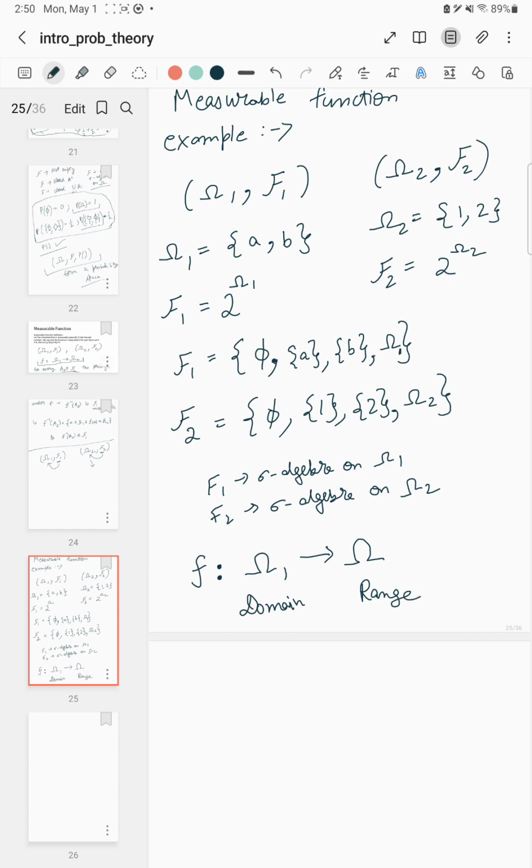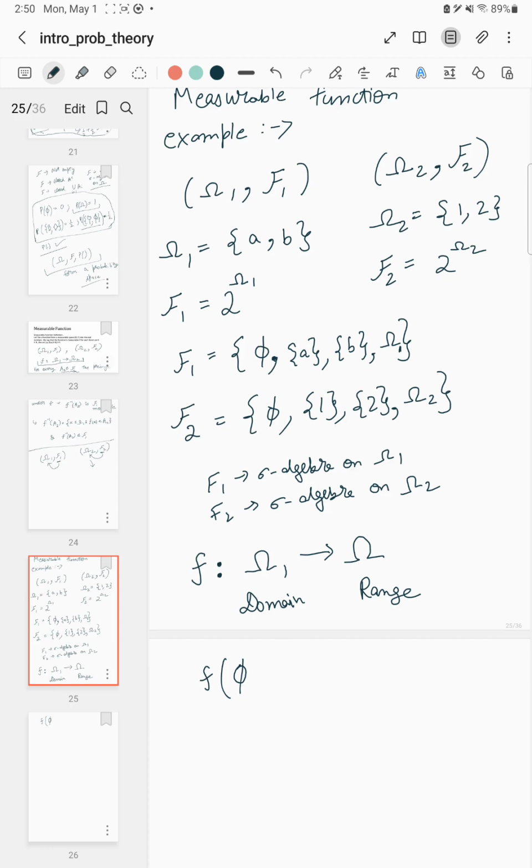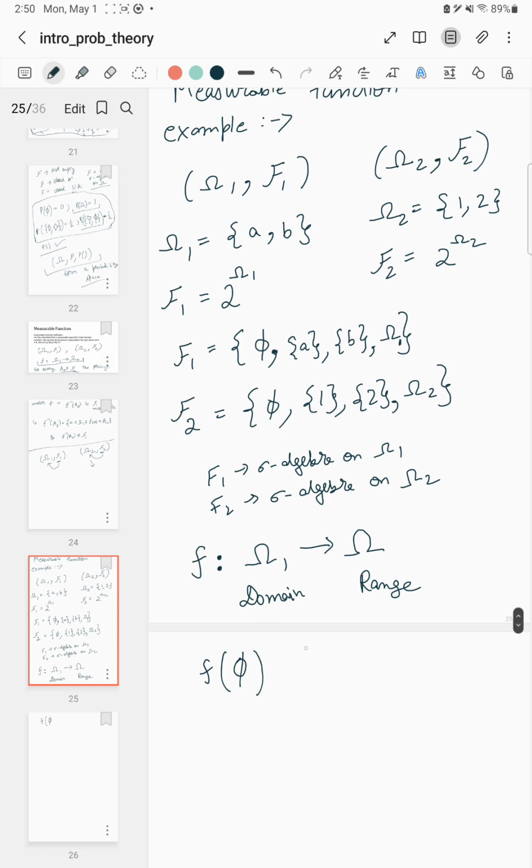And let's define f as, let's say, f of phi points to the null set in the sample set omega 2. This points to phi. Let's say f of a points to 1, f of b points to 2.